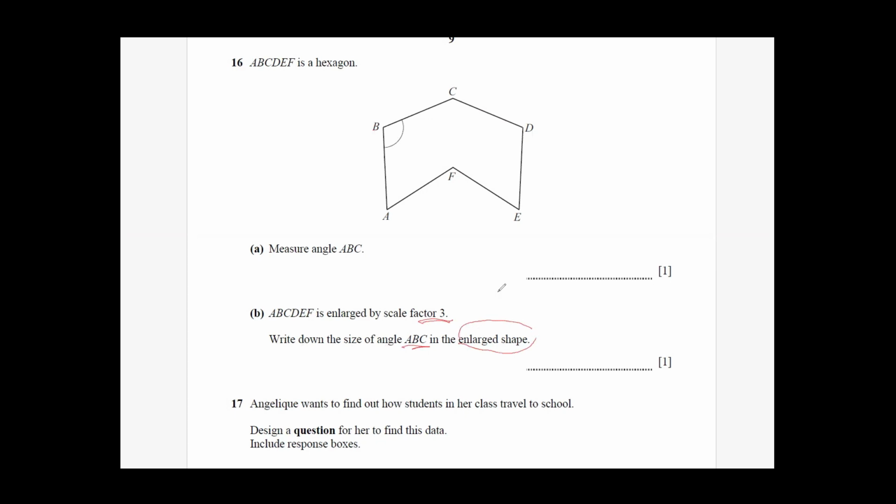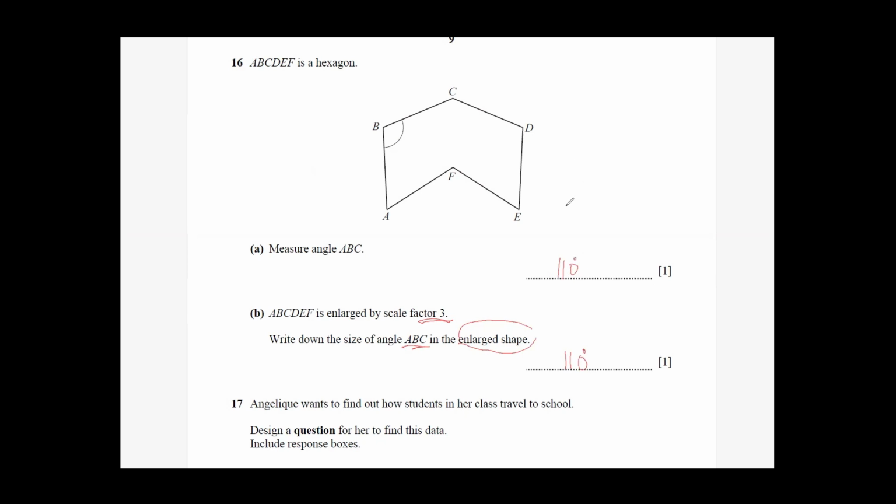We need to understand this thing. When a diagram is enlarged, it is actually similar to the original diagram. For the similarity of shapes, lengths increase or decrease according to the scale factor, but the angles remain the same. So in this case it will also stay 110 degrees, yes, again this would be 110 degrees.